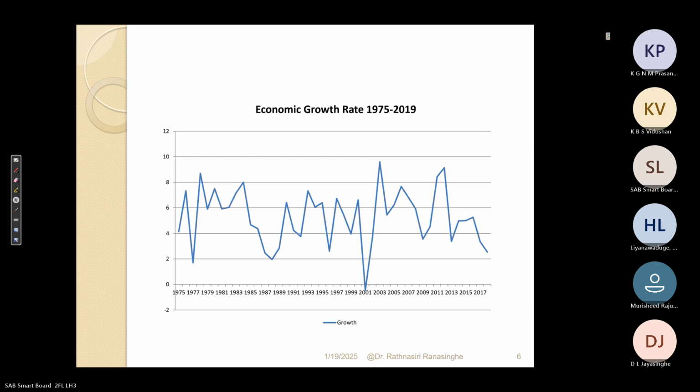Later, growth fluctuated and decreased, if you look at 1987 afterwards. In the 1980s, what happened? The twin deficits started. There were also disturbances and the JVP movement, which came to a peak in 1989.